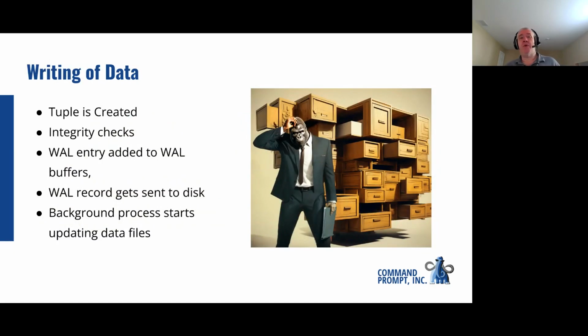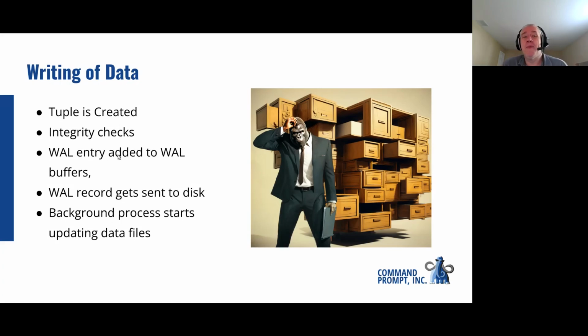Now, what happens when Postgres writes data? This process is quite interesting as well. Retrieving data is by comparison easy because the data is on disk. You don't really need to think about it too much. You just grab it from the next place that it's available.